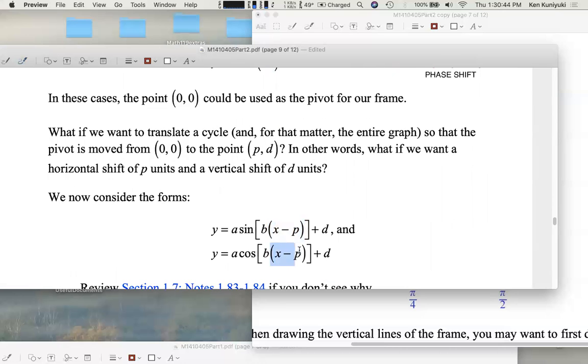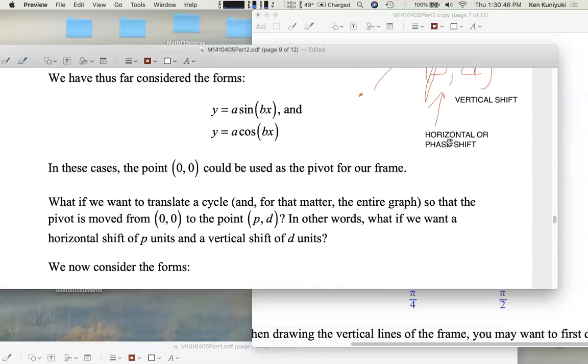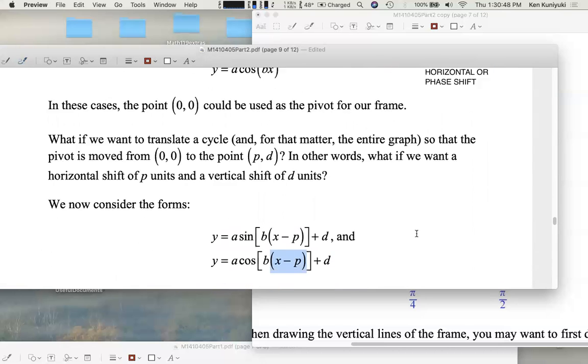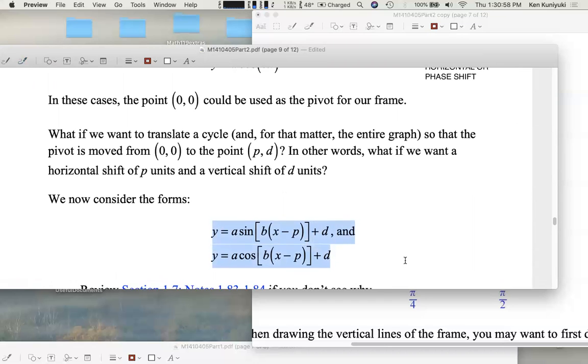Substitute with x minus p to do a horizontal shift by p units. To do a vertical shift of d units, just attach a plus d. So it's easy to read off a vertical shift. So these are our general transformed sine and cosine equations. And they lead to transformed graphs.